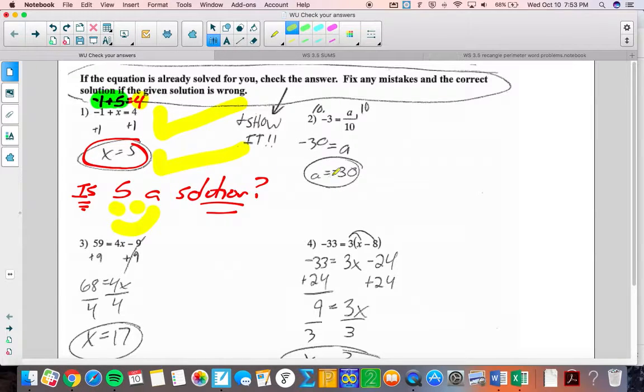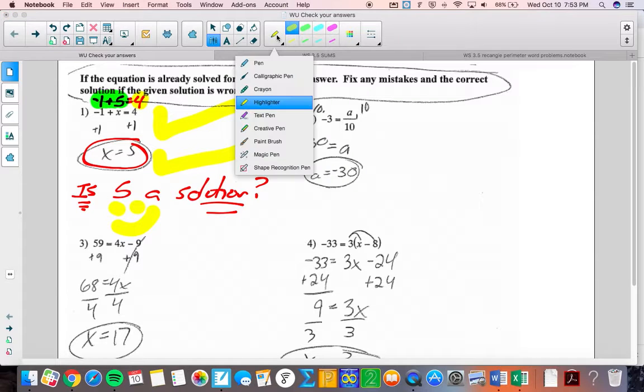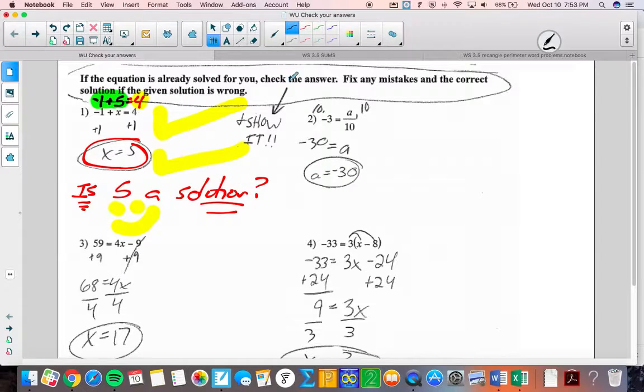For number 2, I said that a equals negative 30. So similarly, I go back to the original equation, although I might need to rewrite it this time. So I have negative 3 equals, and instead of writing a, I'm going to write what I think is the answer. Is negative 30 a solution? That's what I'm wondering.